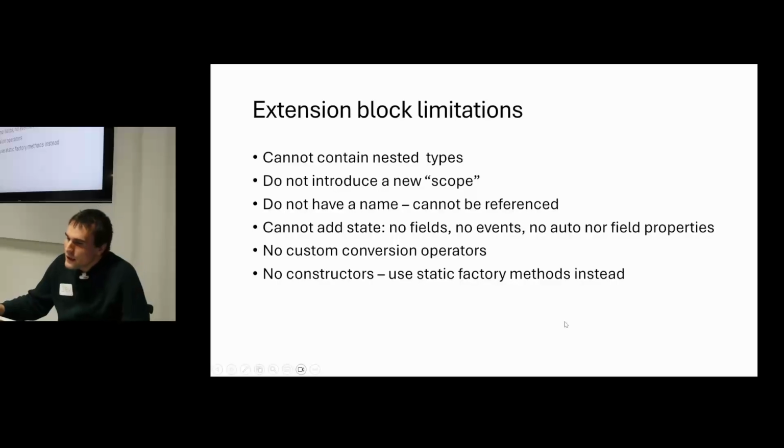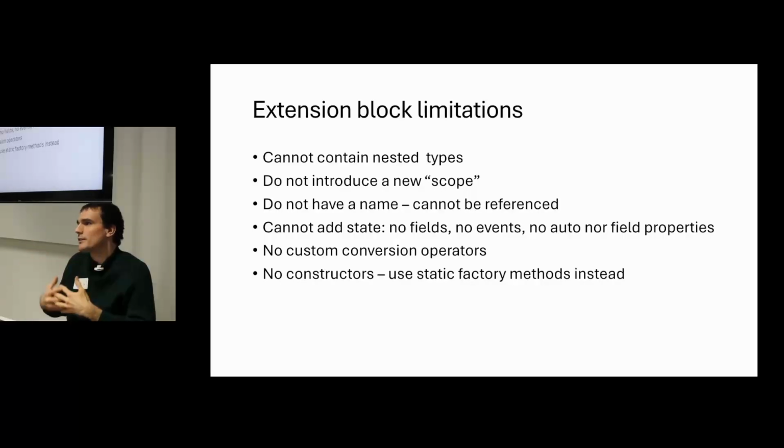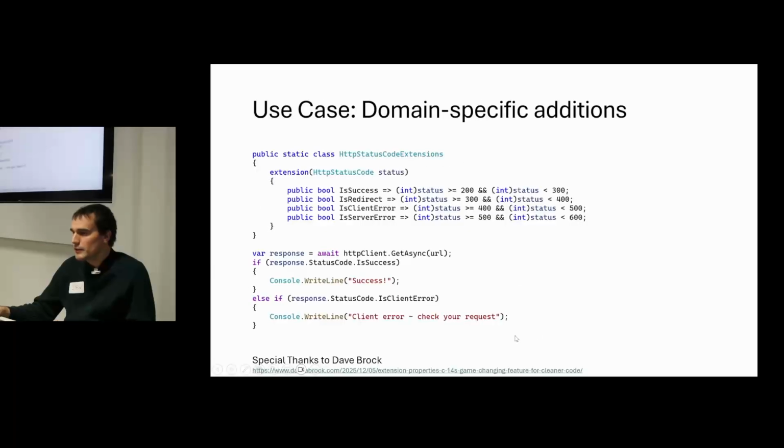And of course, for the same reason they don't allow overriding existing members, that's my guess, they also don't allow adding implicit or explicit conversion operators, because it's really hard to spot if something goes wrong. And of course, no constructors, but you can use static factory methods for that.